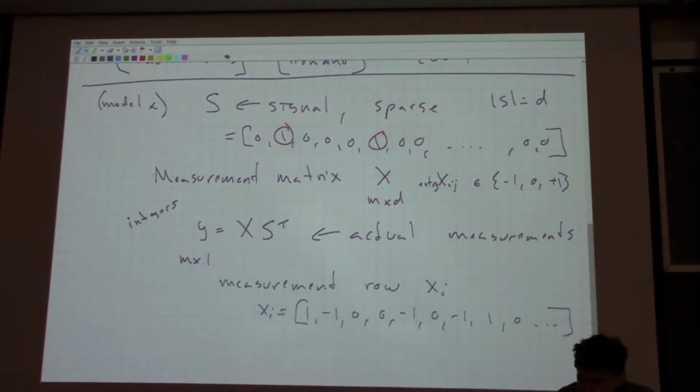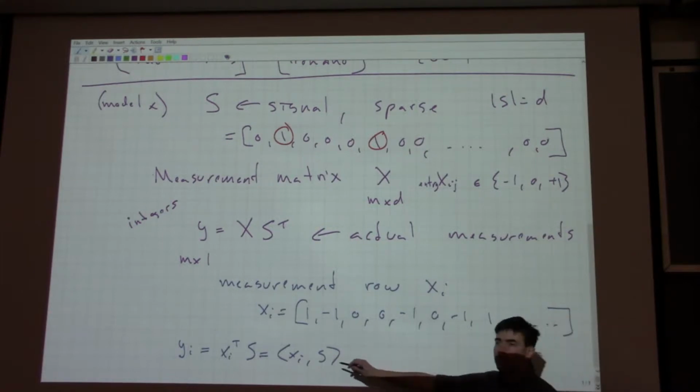And so then in order to get yi, the ith measurement, there are m measurements, I'm going to get the dot product, xi transpose s, which is the dot product of xi and my signal s.